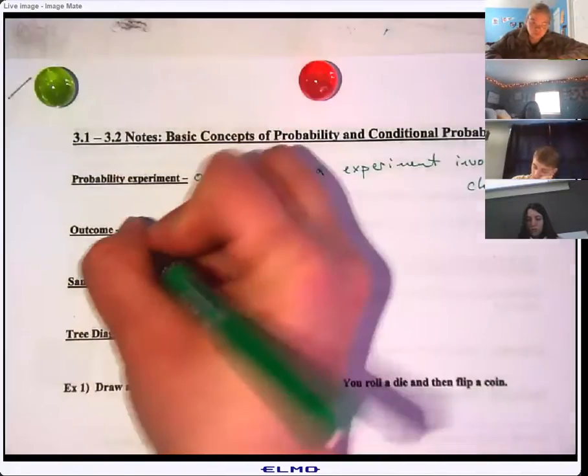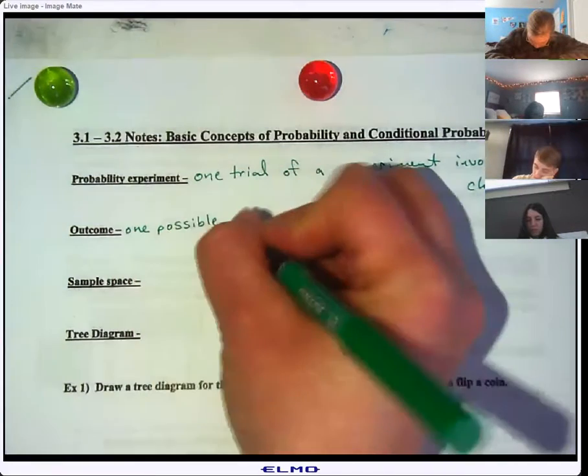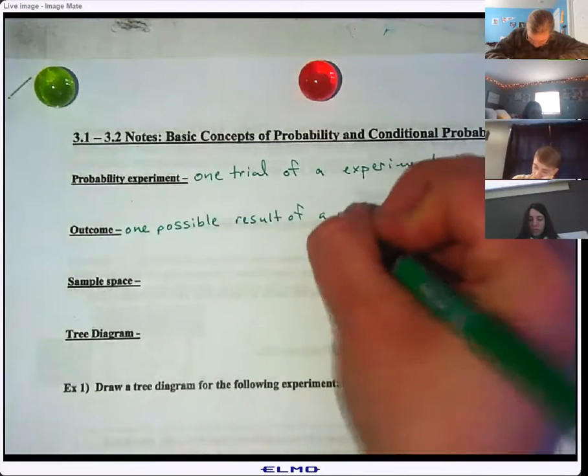An outcome is one possible result of a probability experiment.